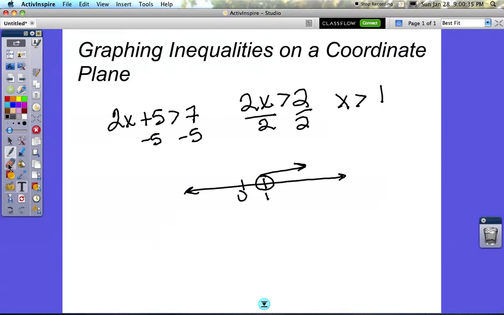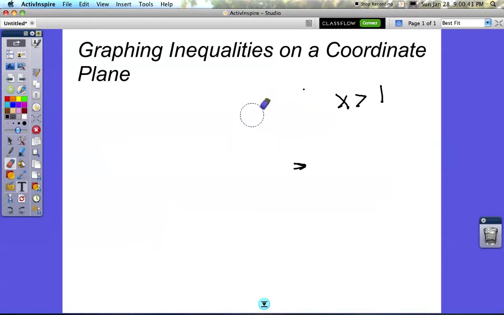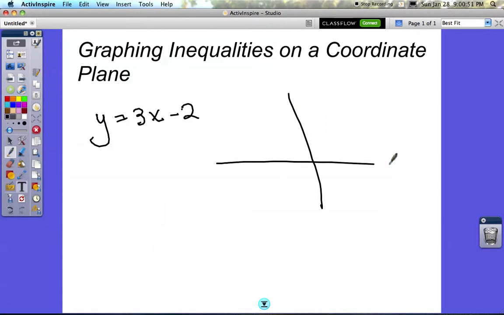Okay, so now we're going to graph inequalities on a coordinate plane. So it's going to look something very similar to this. Now, if I was graphing that, now that's not an inequality, that is a what? Just an equation, because it has an equals.